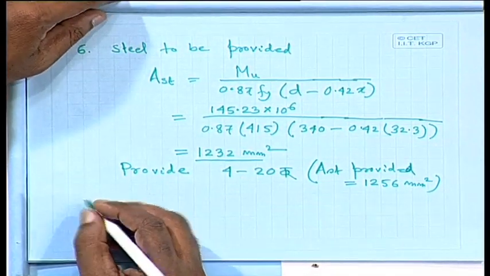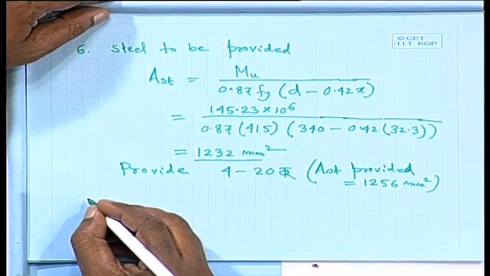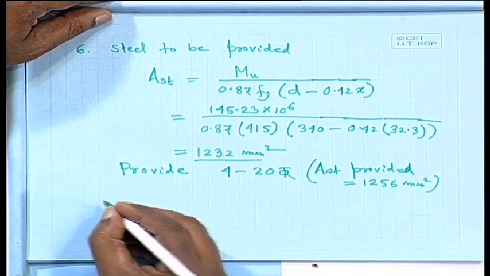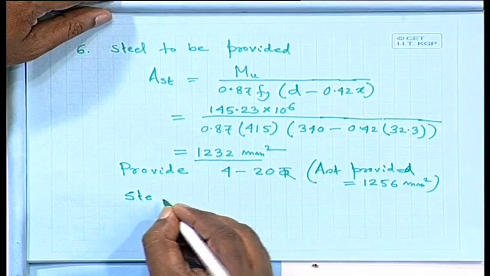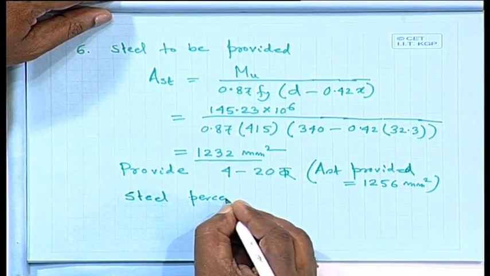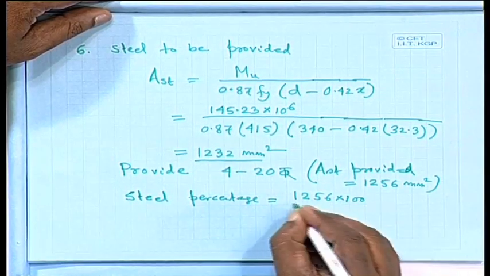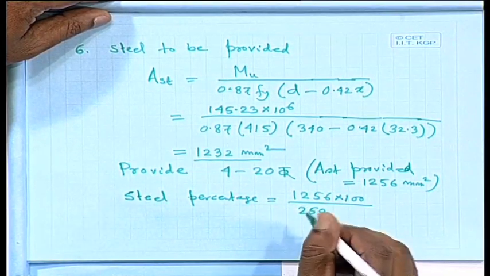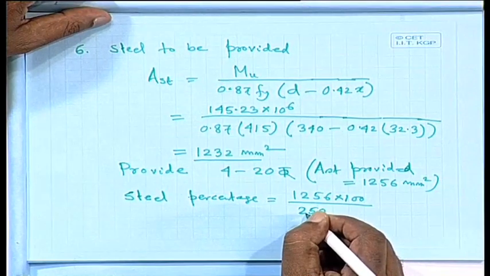What about the percentage of steel? Percentage equals 1256 into 100 divided by, here we shall not take it on the basis of flange width, rather we shall take it on the basis of the width of the web.